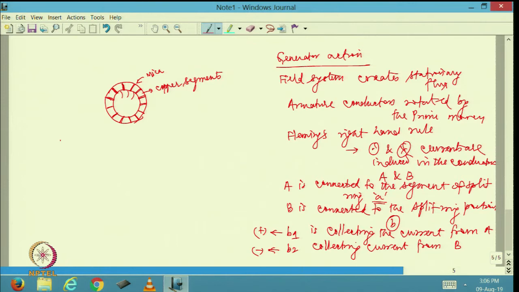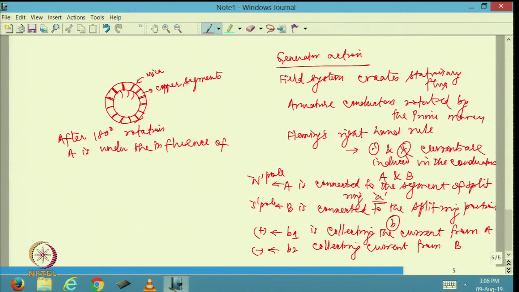what is going to happen is after 180 degree rotation, A is under the influence of south pole, because initially it started that A was under the influence of north pole and B was under the influence of south pole.